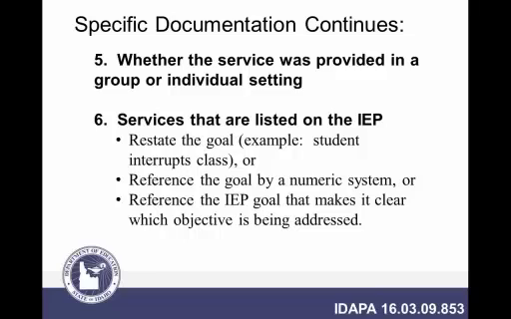Or you can reference the goal by a numeric system. If your goals are numbered on your IEP, you can just reference goal number 1, goal number 3, or whatever would directly relate back to. Or you could reference the IEP goal, again, making it clear which objective is being addressed.